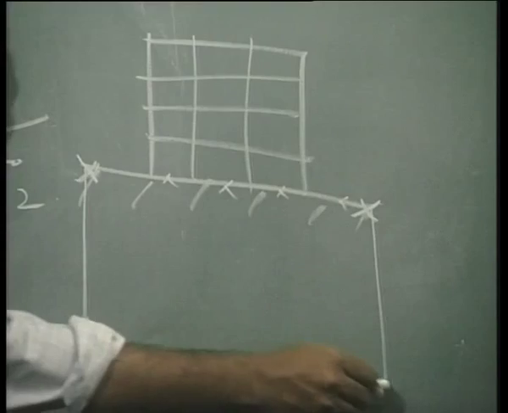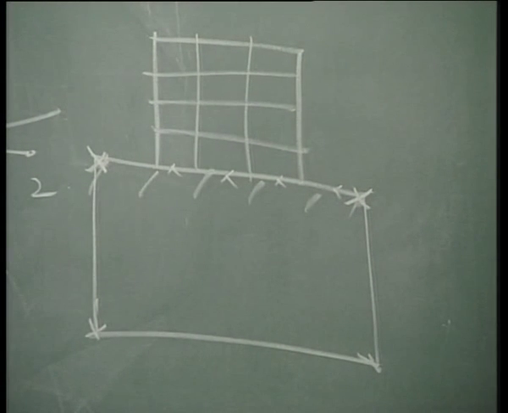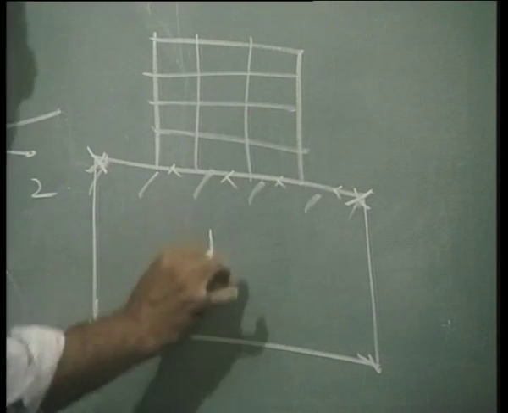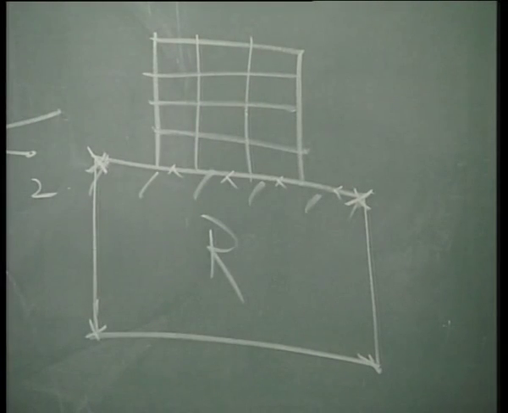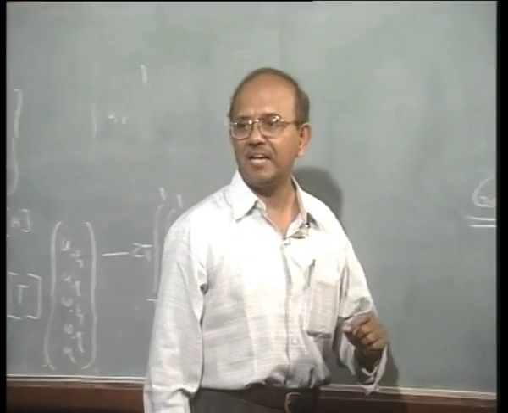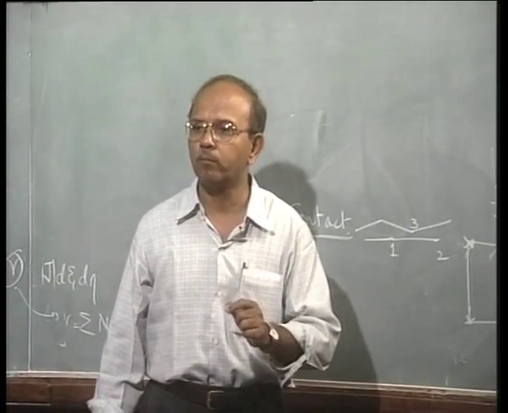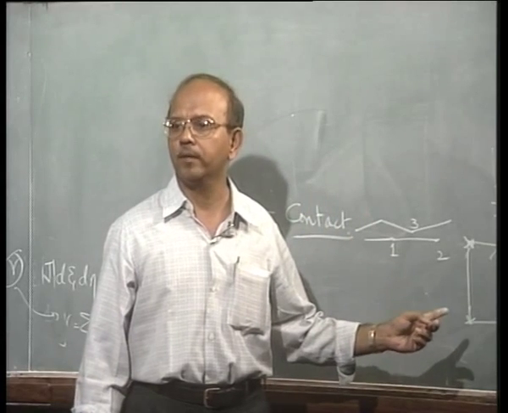I just put 4 nodes here. Let us say that the ground is much more rigid when compared to the block that I have put. Now, I define as master nodes the nodes belonging to the rigid body.